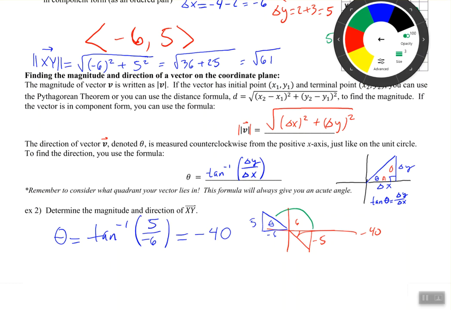We started at the x-axis and go around. So is that angle, the green one, going to be 180 minus 40? Do y'all see it? So the actual angle, and this is the part that takes thinking, is 140 degrees.